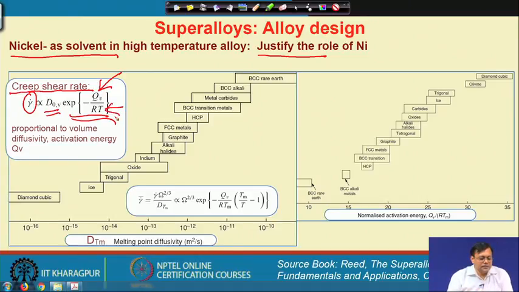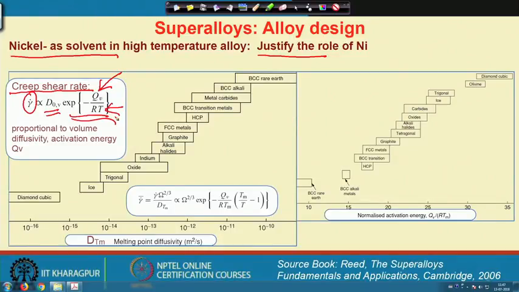This means that we can take very different types of metals or elements, let us say BCC elements, FCC, we can categorize in terms of their structure, because there are different voids, and those voids are basically the pathway for diffusion of other alloying elements.